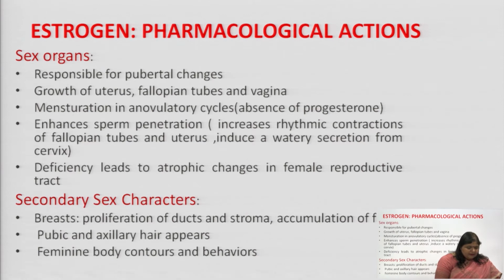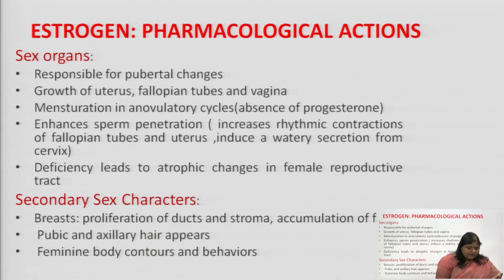In the absence of progesterone, in what we also call anovulatory cycles, it can lead to withdrawal of menstruation. It also facilitates penetration by the sperm. How is this action caused?